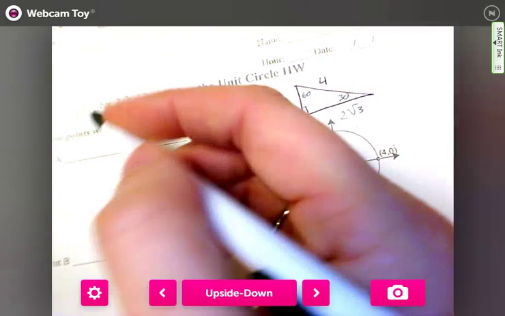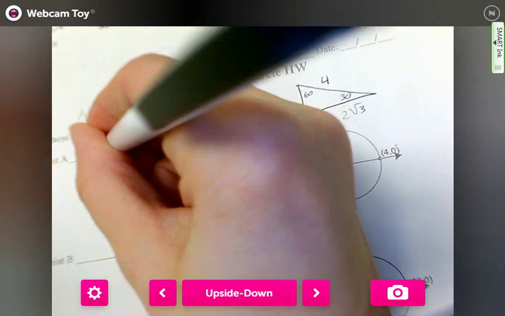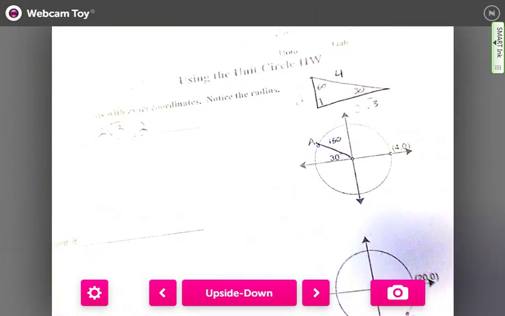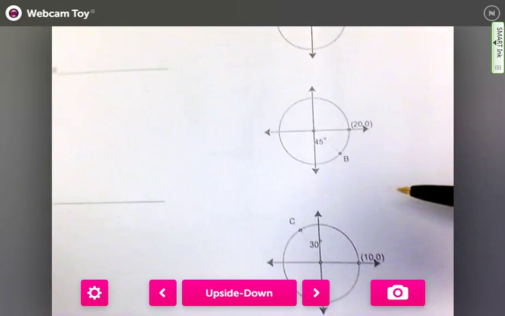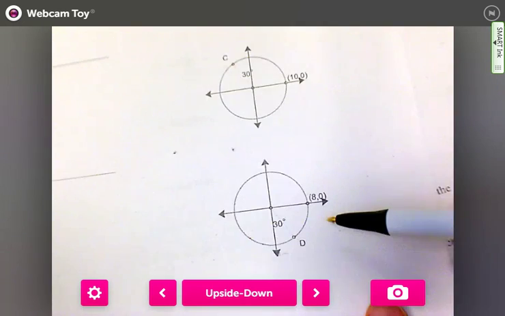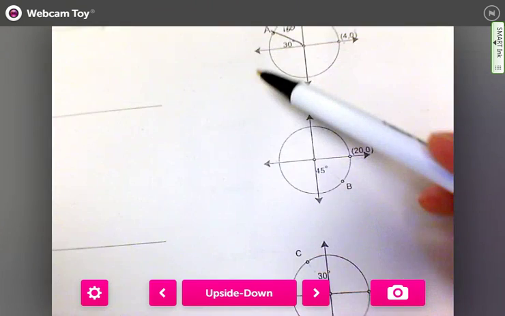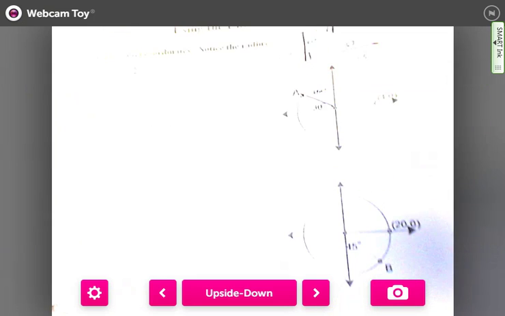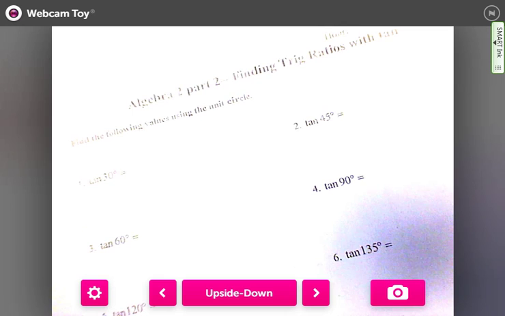So my answer for this point should be x is 2 square root 3. Y is 2. So you have to do that for everyone, and look how they change their size. This hypotenuse was 4, but this one is 20, this one is 10, and this one is 8. And you have to figure out where it is on the unit circle. Okay? All right. And your homework for tonight, we're going to do one of these problems because they're harder.